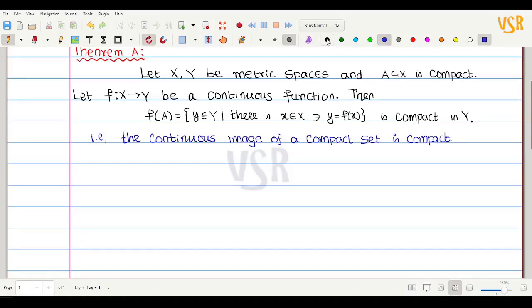Okay, so we'll go for a proof. Given capital X, Y are metric spaces and f is a function from X to Y that is continuous.